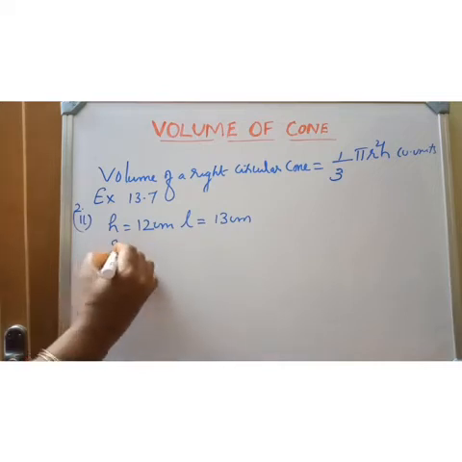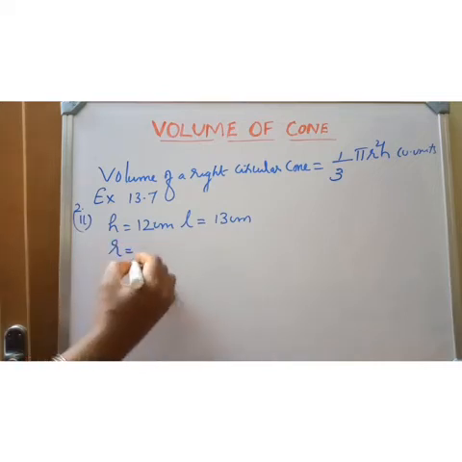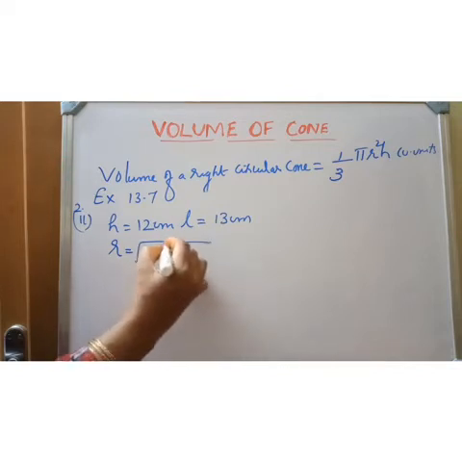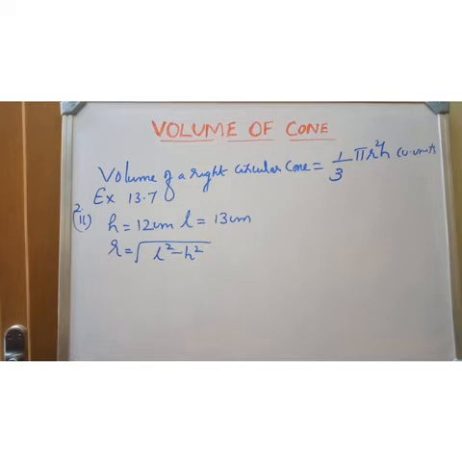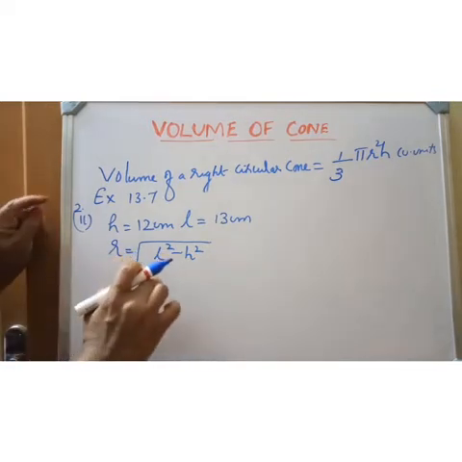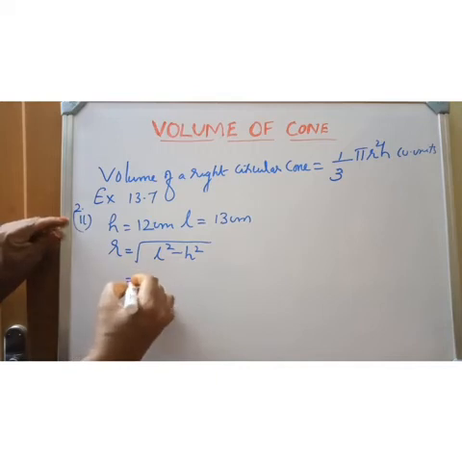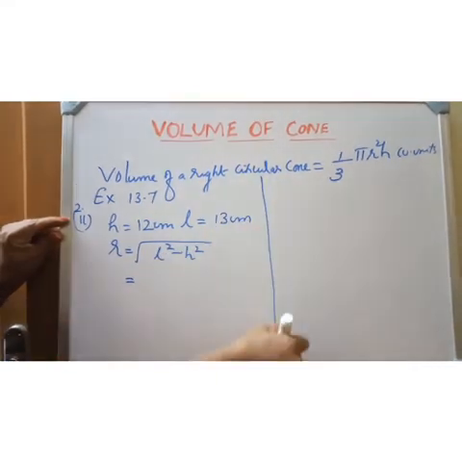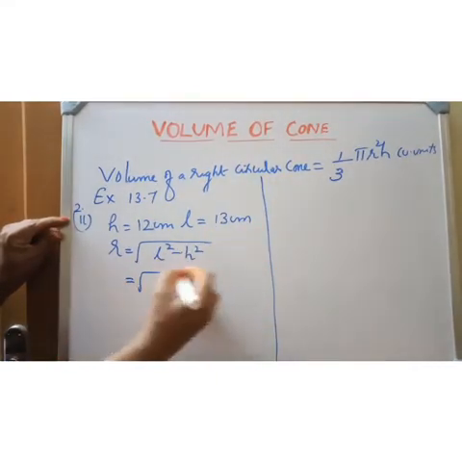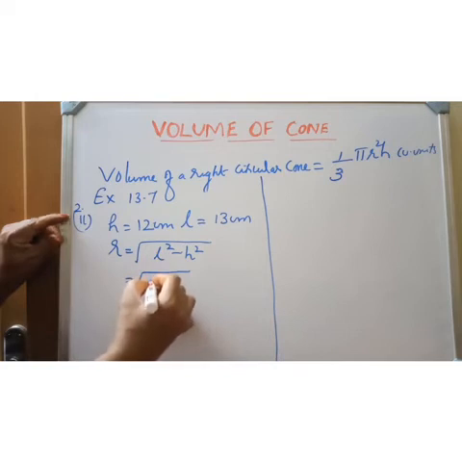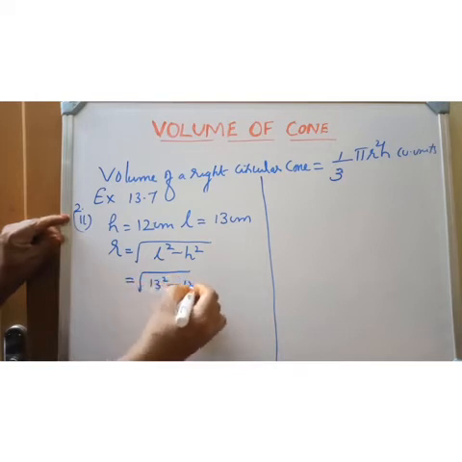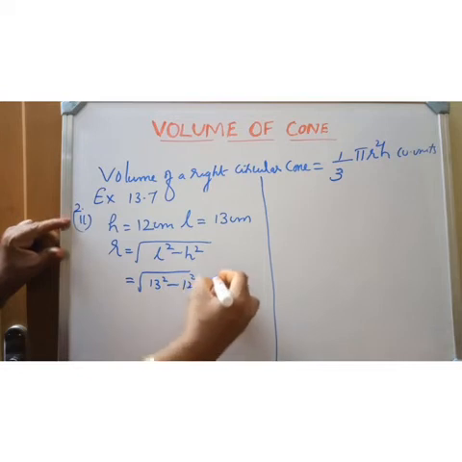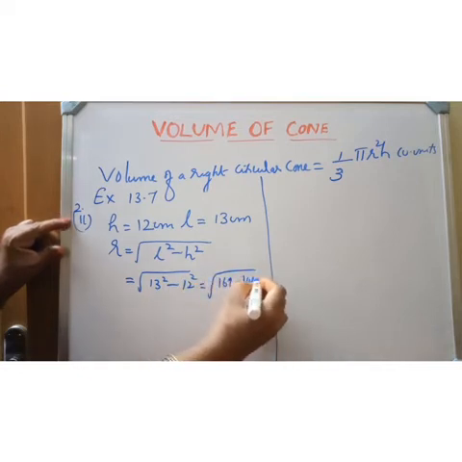So radius r equal to, what is the formula? Square root of L square minus h square. Already I gave the values of r, h and L. So r equal to square root of L square minus h square equal to square root of 13 square minus 12 square. That is 13 square is 169 minus 144, 12 square.